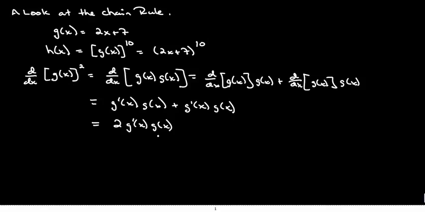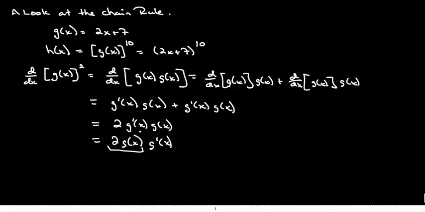So we could do the same thing for a higher power. But what I want you to notice is that, if I just rotate terms here, this is equal to the derivative of g of x squared by pretending that g of x is my x variable.